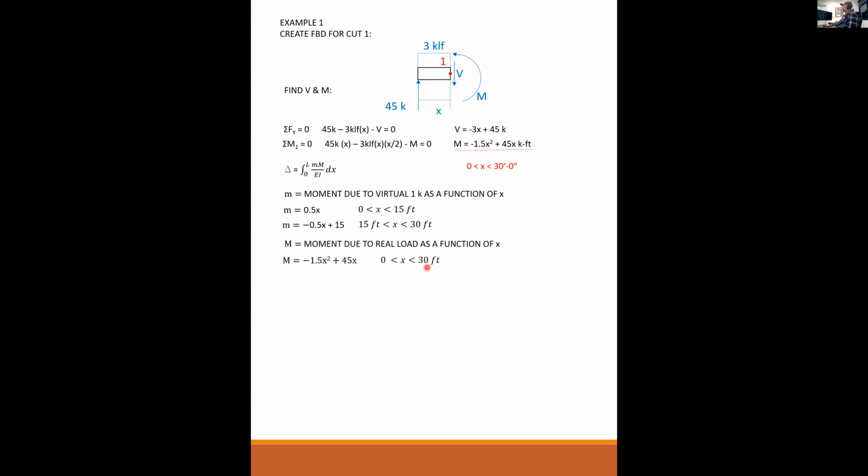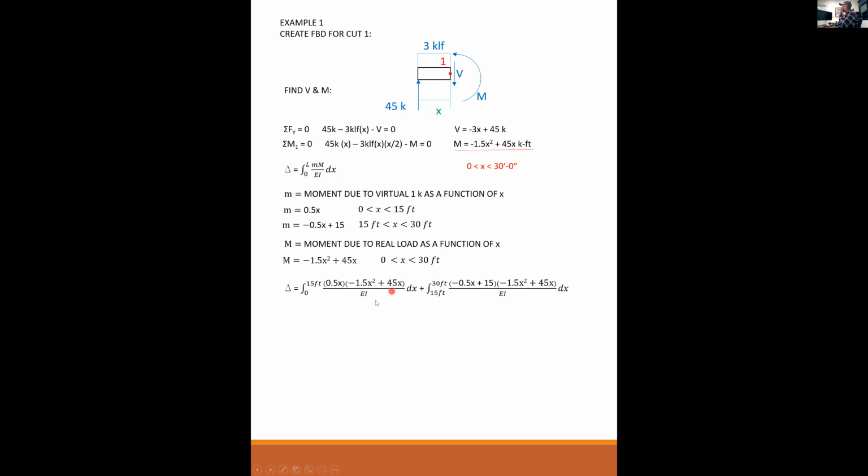over the whole range. So what I need to do is integrate from 0 to 15 using this little m, and from 15 to 30 using the other little m, because these are only valid over these ranges. So what I've done is little m is 0.5x here and minus 0.5x plus 15 here.